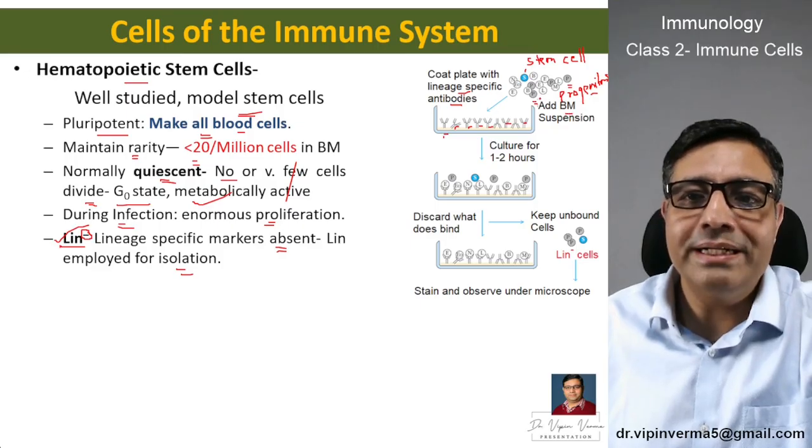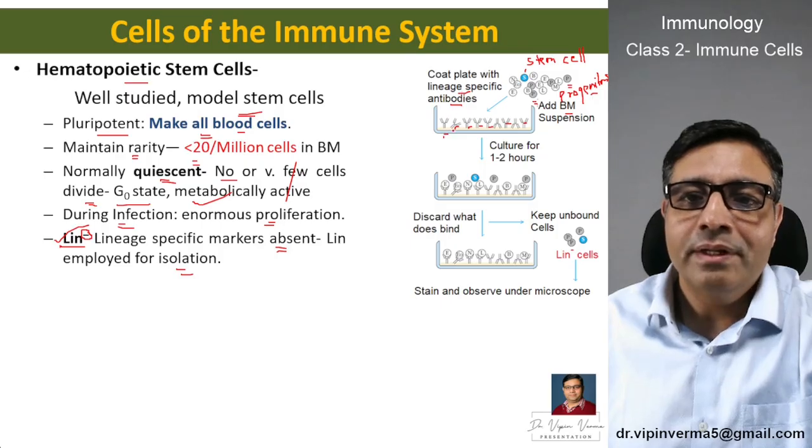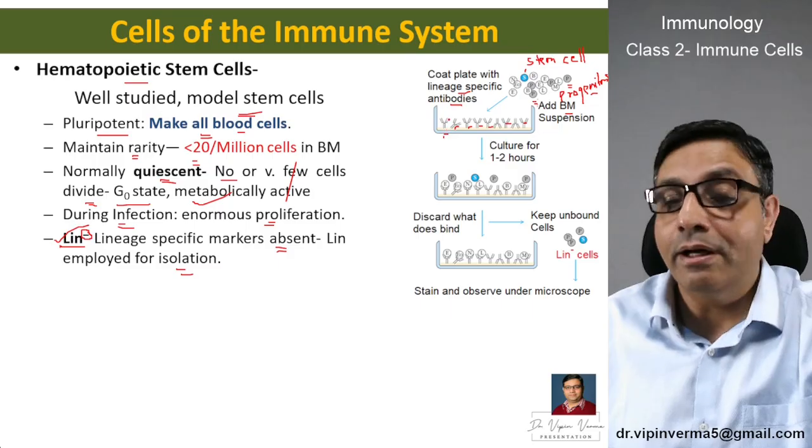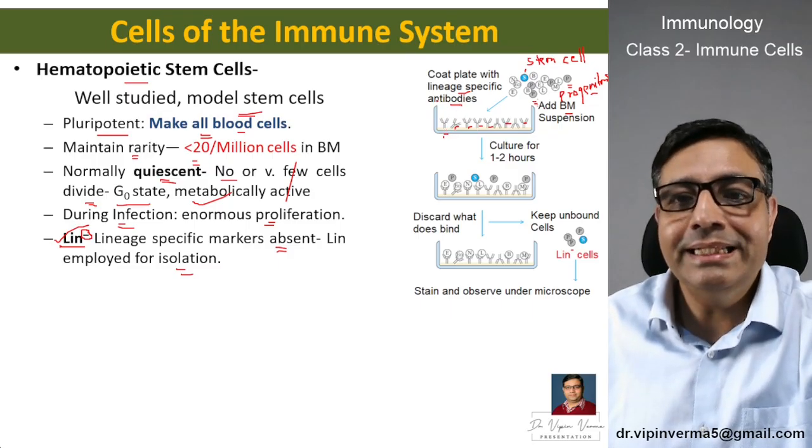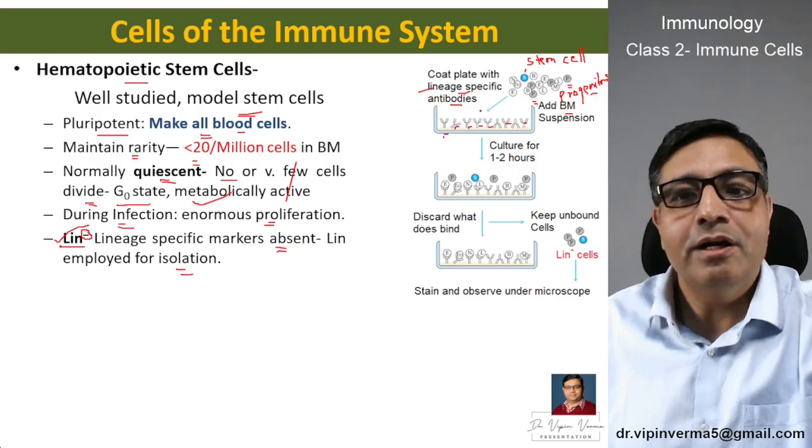So bone marrow contains a mix of cells, and this mix of cells we plate on a pre-coated plate, which is pre-coated with the antibodies, and these antibodies are lineage specific. Now what will happen?